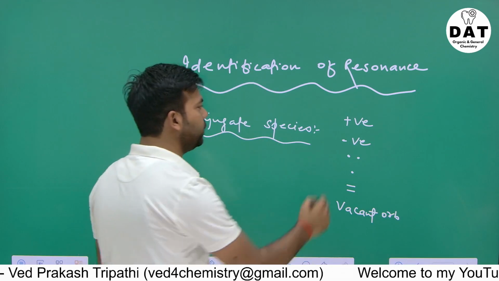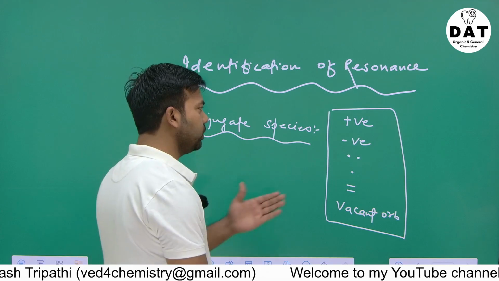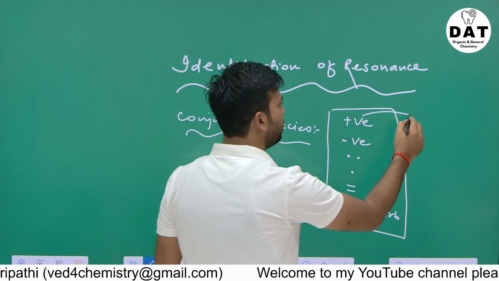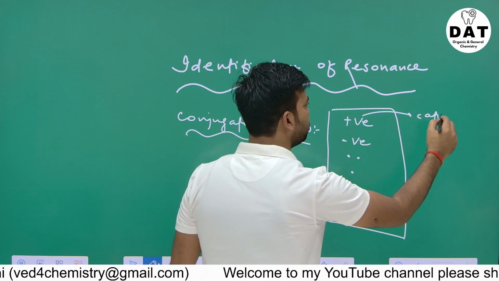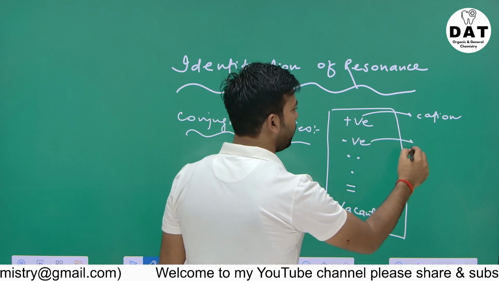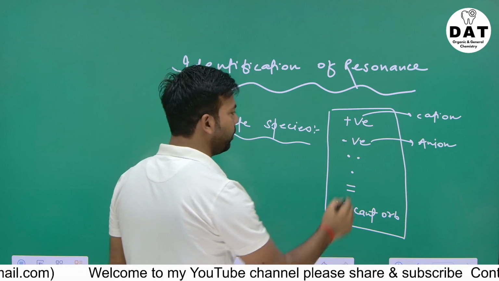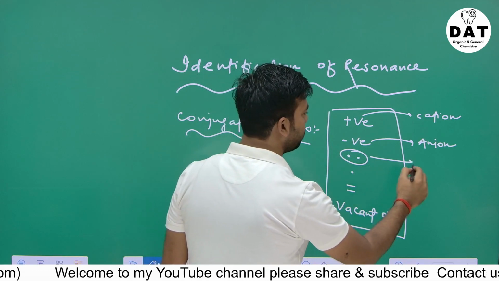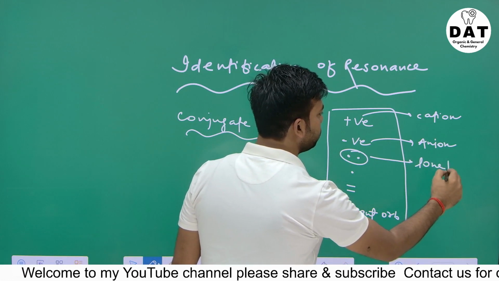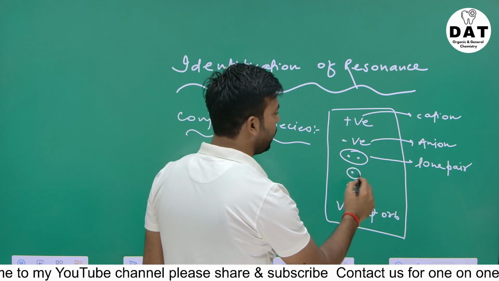Okay, again listen to me. I said positive charge, this is called cation. Next, negative charge, this is called anion. This double dot is called lone pair. And this single dot is called radical.